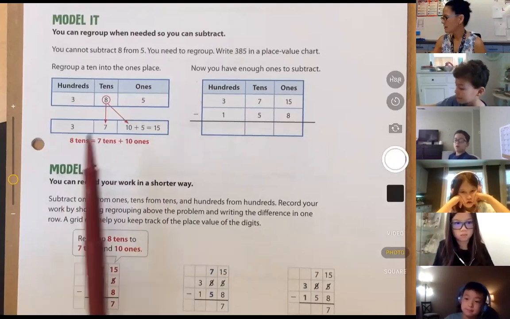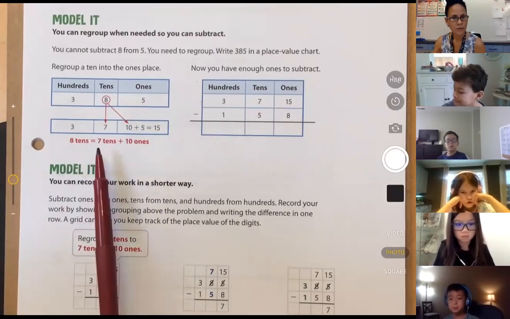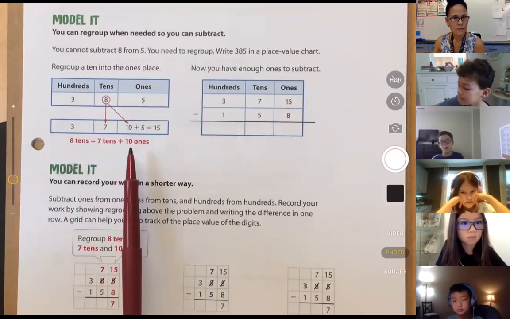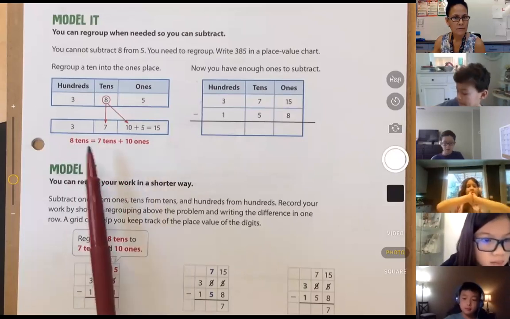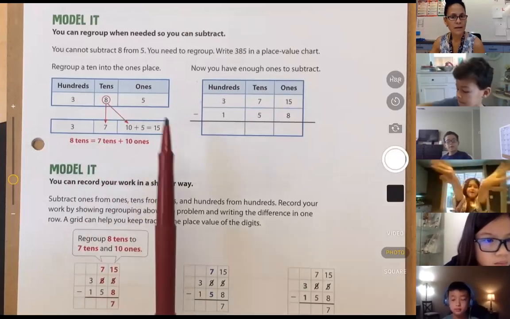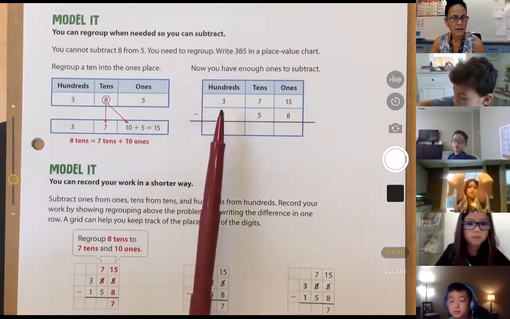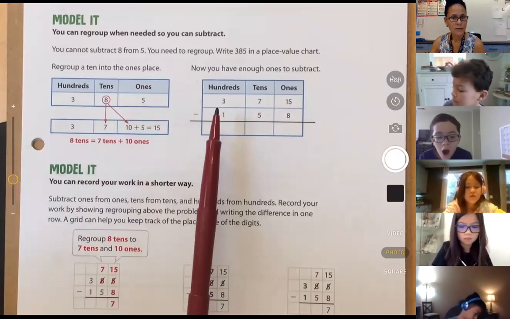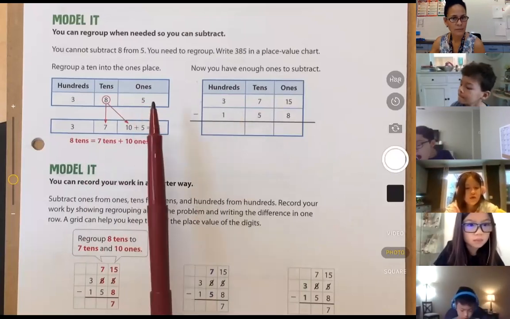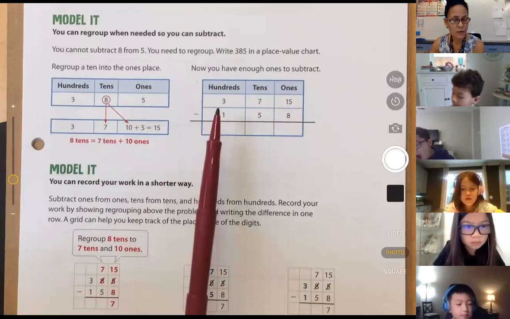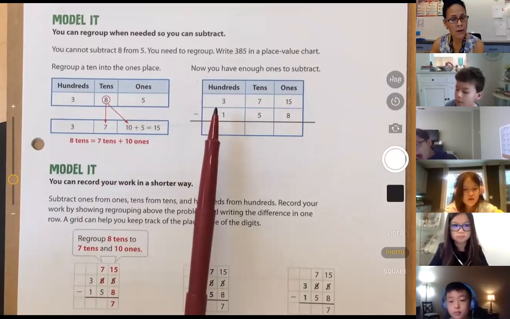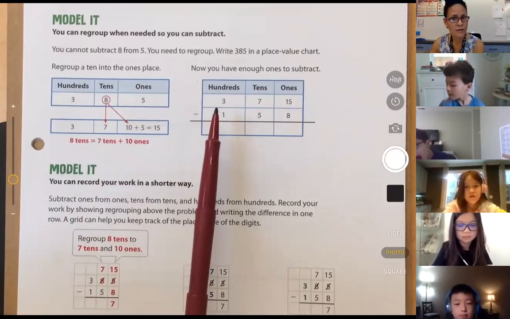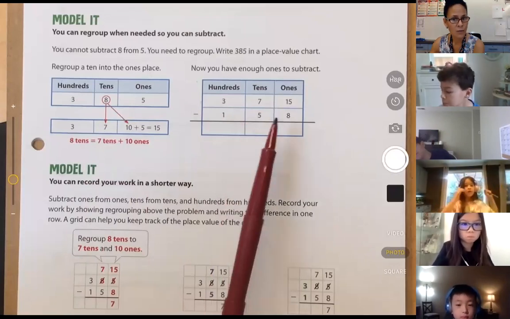Take a close look down here at the bottom with your regrouping. When you regroup, you want to make certain that what you create or expand equals the same as the original number. So let's say you're doing this regrouping, friends, and you say, oh, I can regroup with 3 hundreds, 7 tens, and 15 ones.